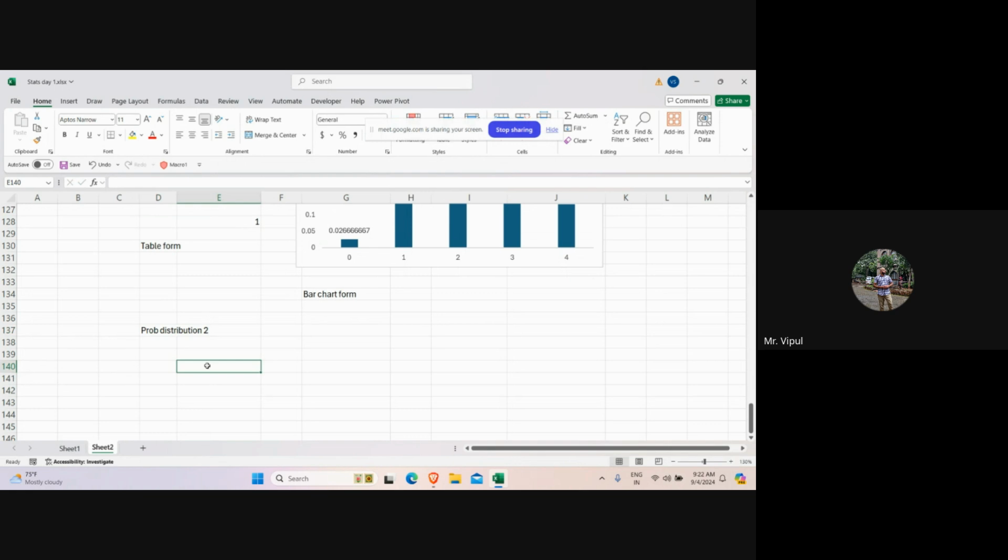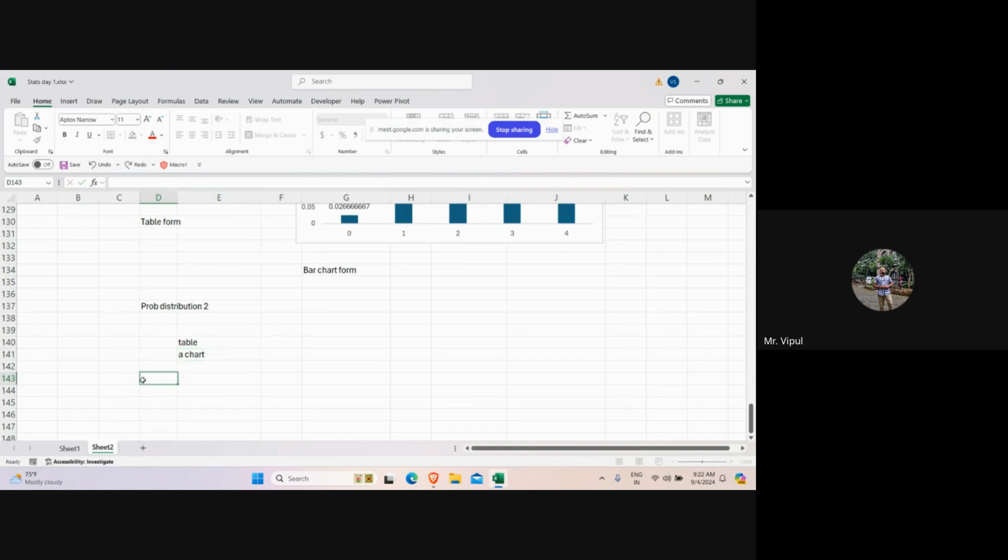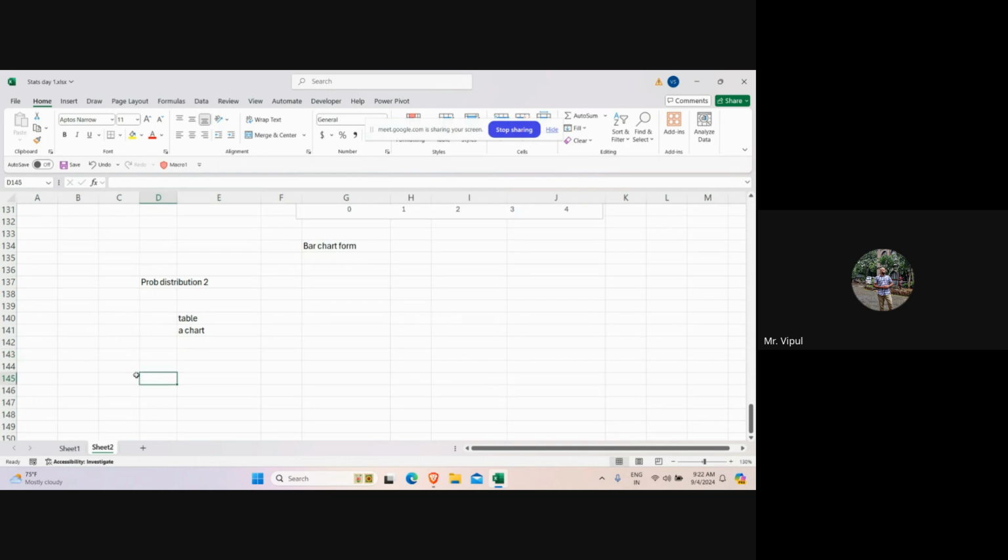It could be a table, or it could be a chart, as we have seen, right? Now an equation, probability of x, suppose एक equation है आपके पास, is equal to x divided by 21, and आपके पास x का वैल्यू है 1 से लेके 2, 3, 4, 5 and 6, right?